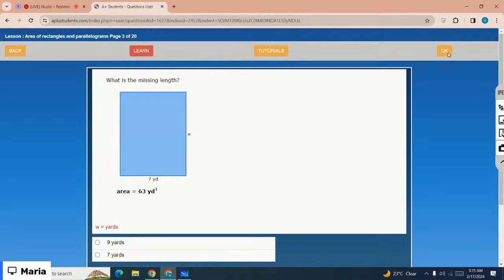Yes, the correct option is area equals 63. So 7 times 9 is 63. That means the missing value is 9. The correct option is 9 yards, right?